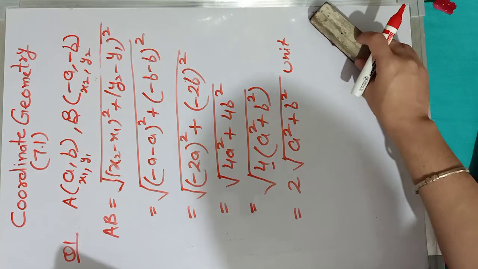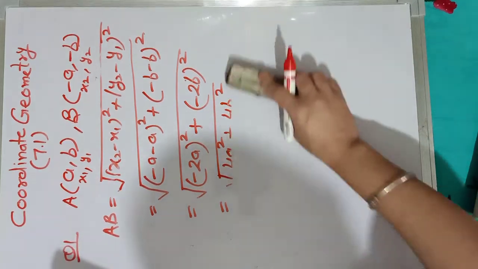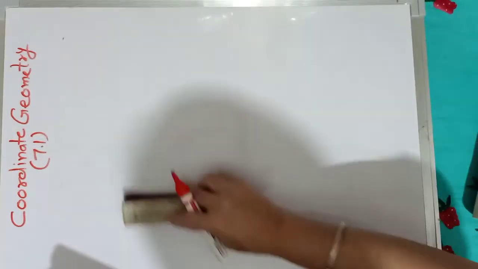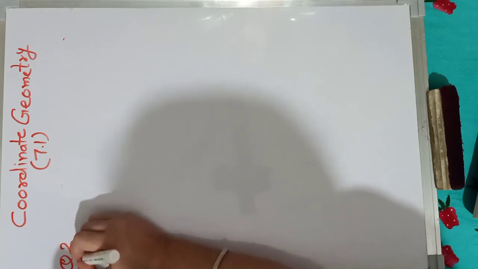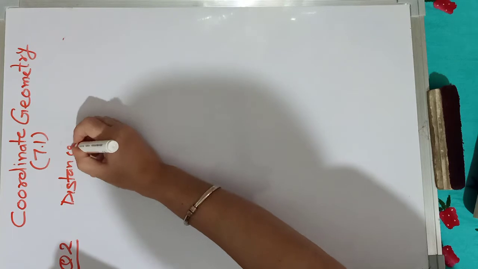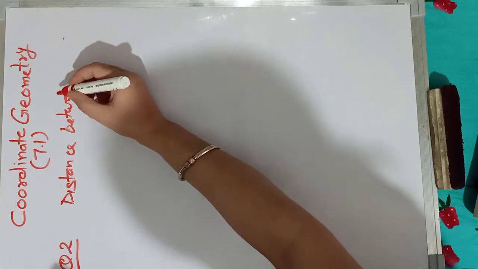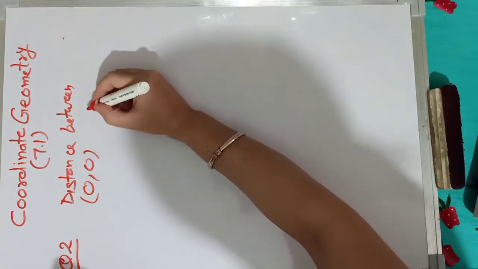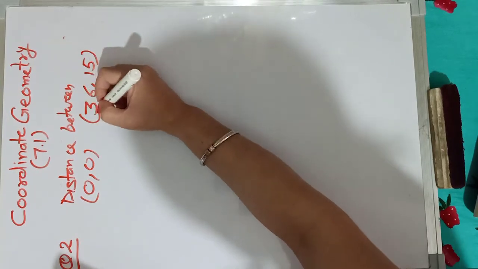Yes, now come to your second question. In the second question they have given, question number 2, you have to find the distance between point (0, 0) and (36, 15).